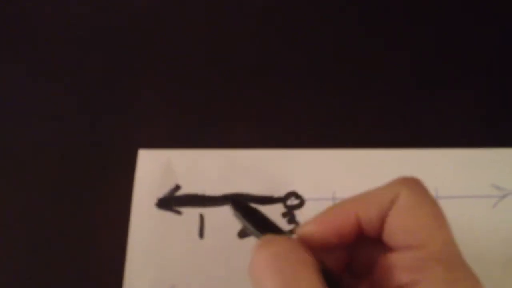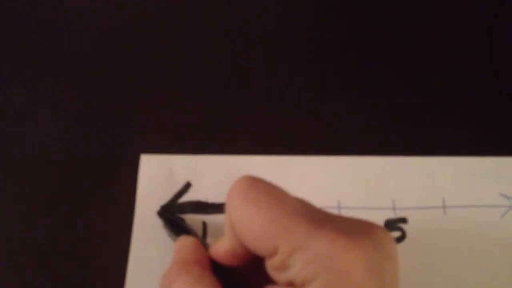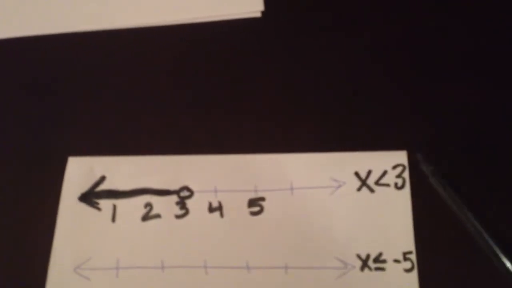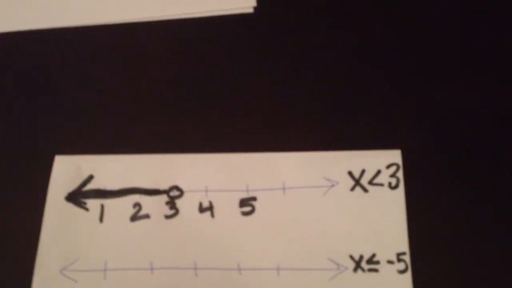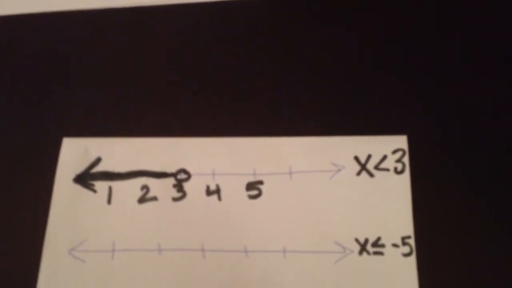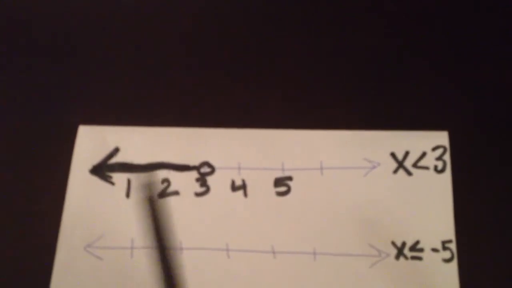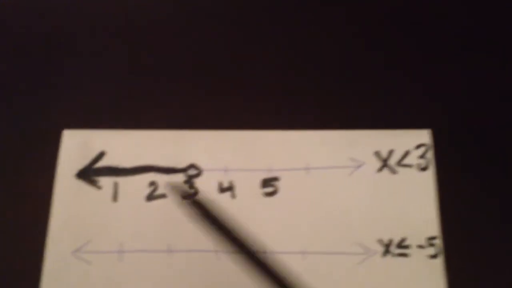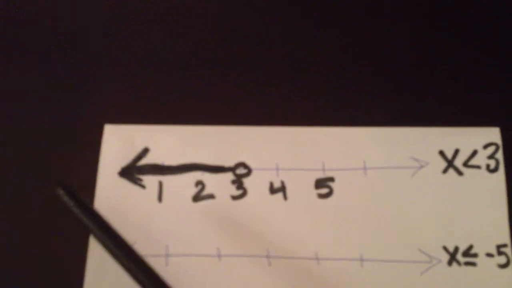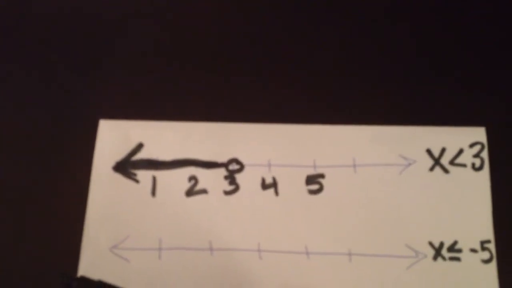If you notice, and here's a little trick, this arrow that I'm shading is the same shape as the less than symbol. Just a little trick for you. Okay, so that is graphed. That means that everything shaded is less than 3, including negative numbers, which are all down in this direction.